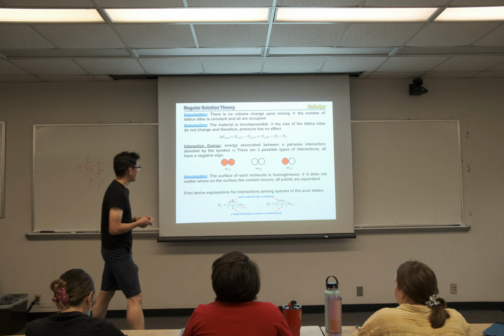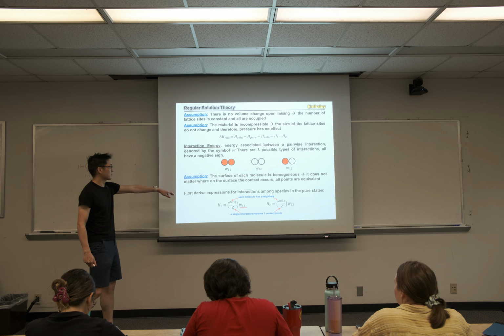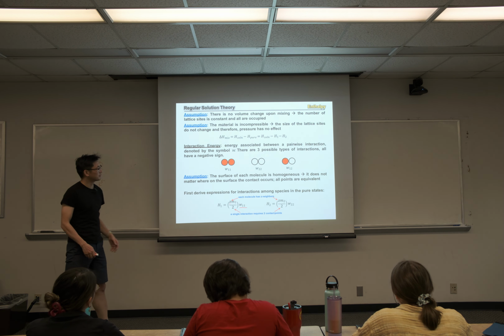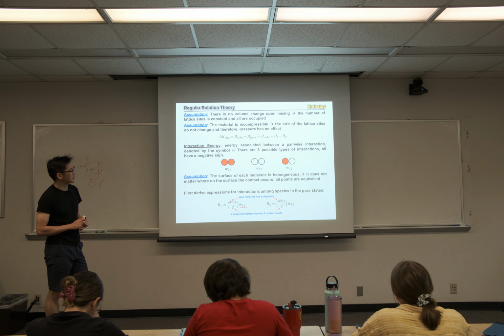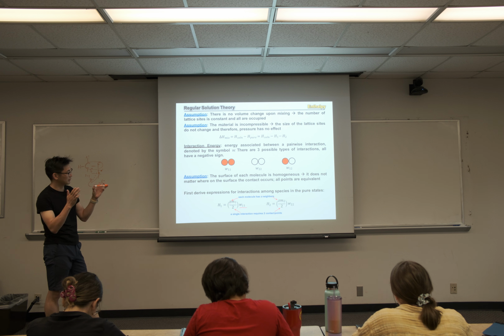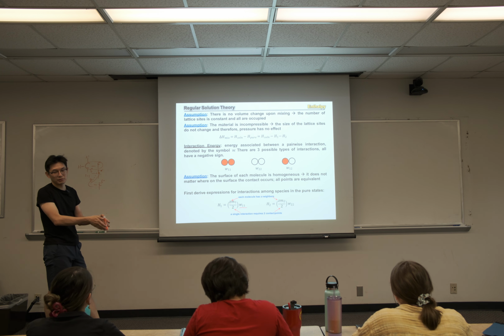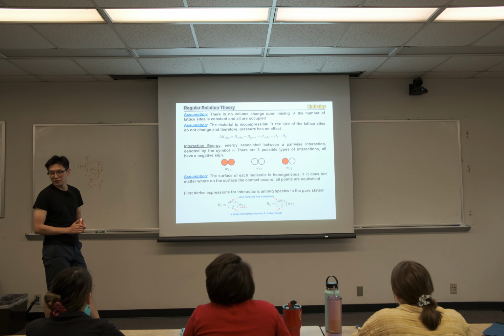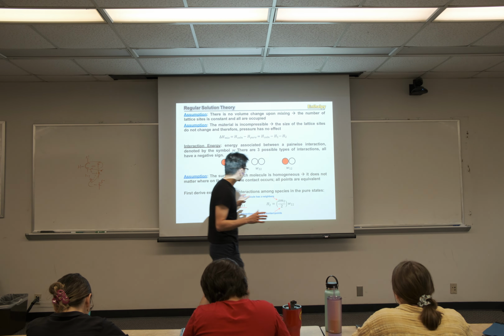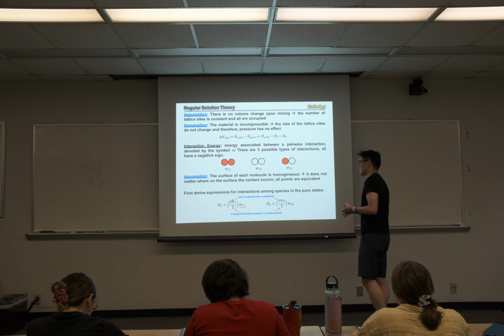And then the other part is that the surface of each molecule is homogeneous. It doesn't matter where they contact. When it's large enough, we ignore, for example, the molecule at the edge of the container that only interacts with one side. When it's big enough, you can think about every single molecule as the same.